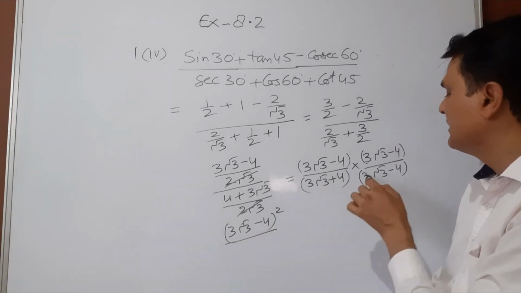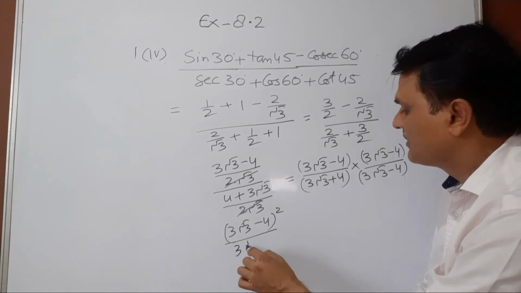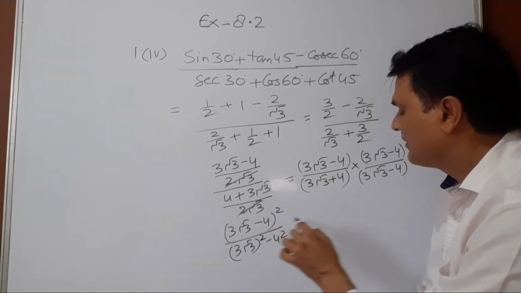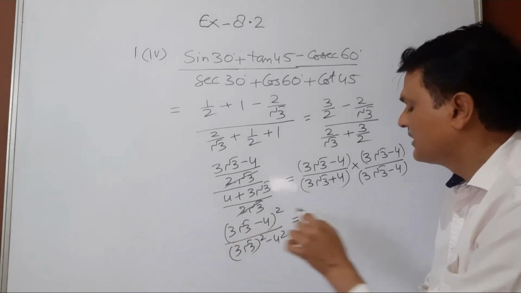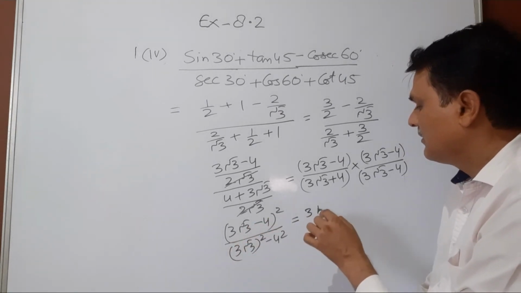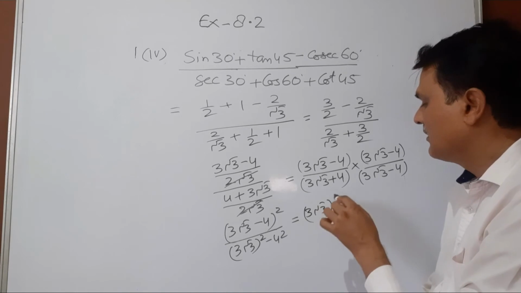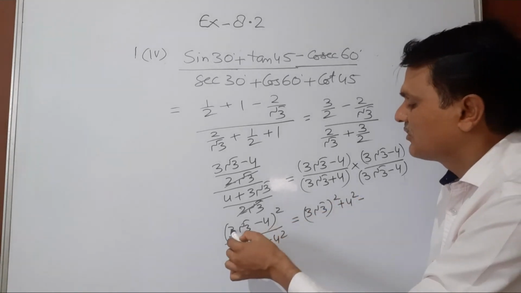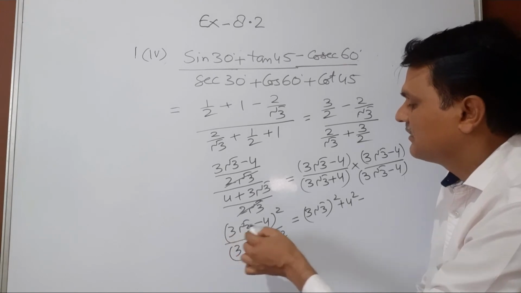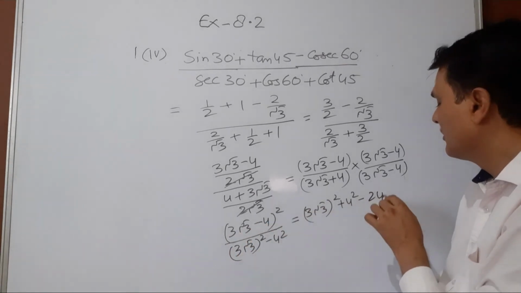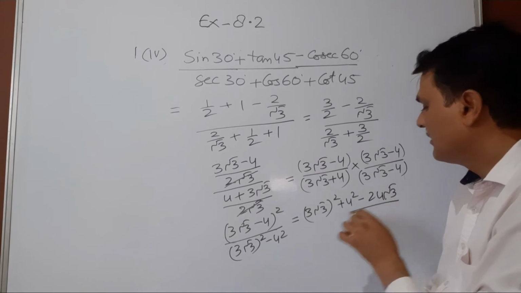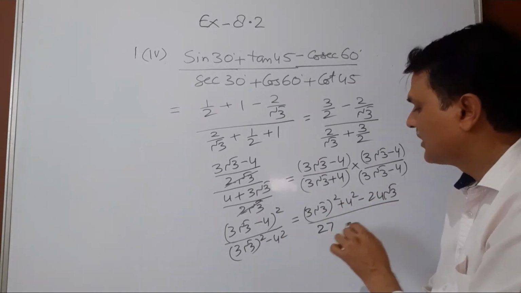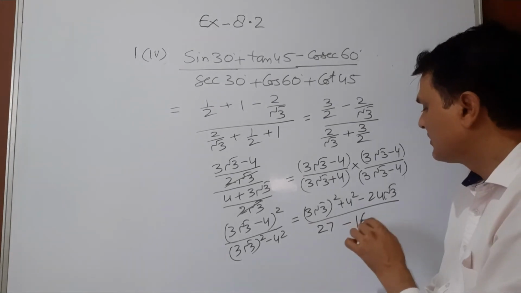This is a plus b, a minus b: 3 root 3 whole square minus 4 square. Now the numerator becomes 3 root 3 whole square plus 4 square minus 2 times 3 times 4, which is 24 root 3, and the denominator 3 root 3 whole square is 3 times 3 is 9, 9 times 3 is 27, minus 4 times 4 is 16.